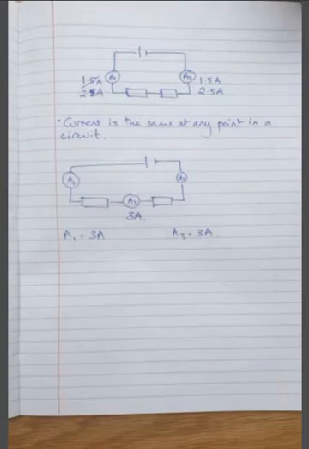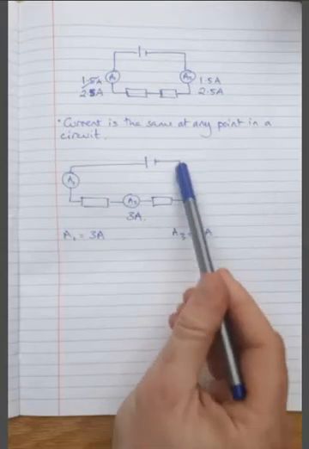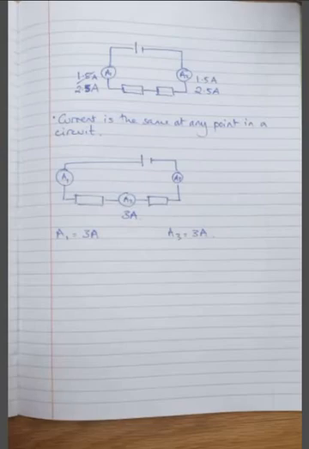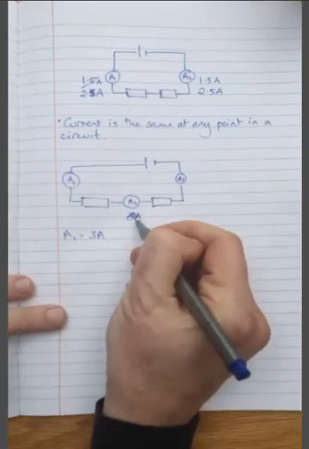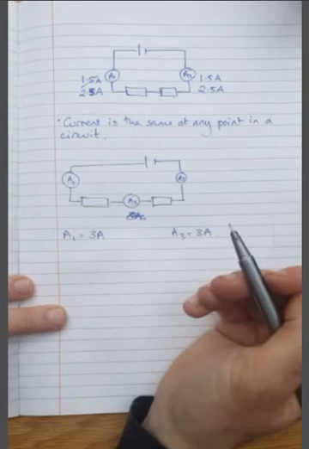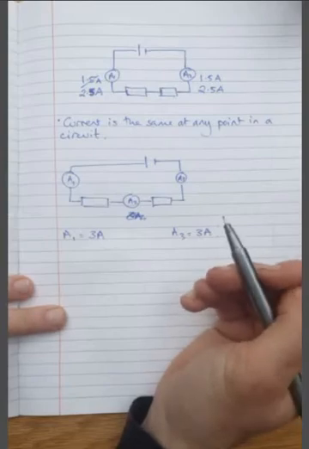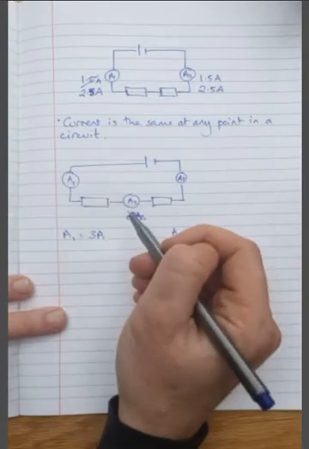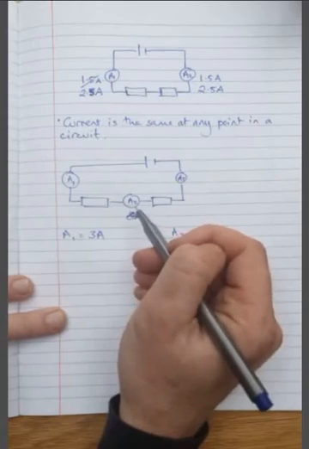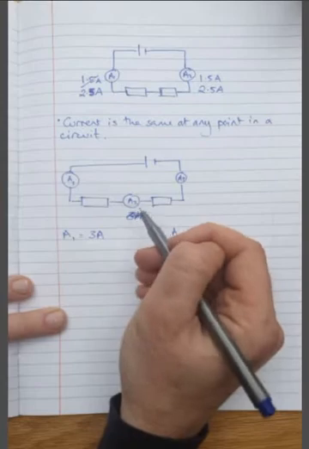So what I'd like you to do is to draw this circuit as I've drawn it here, without the 3 amps. And I'd like you to do the same thing and show me what the readings would be as follows.